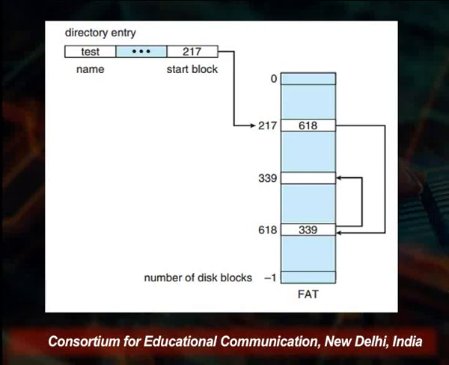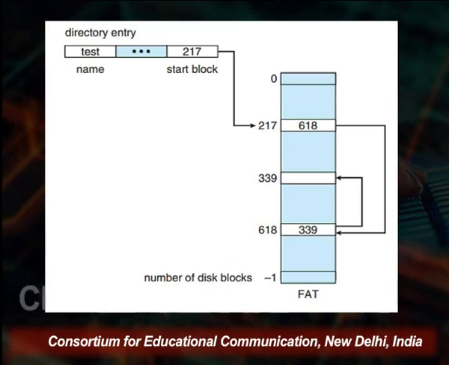Now, if we look at an example, we have a file named test, and some other metadata is stored in the second column of the directory entry. Then we have the starting block as 217. It directs the head to 618. Coming to 618, it directs to 339.